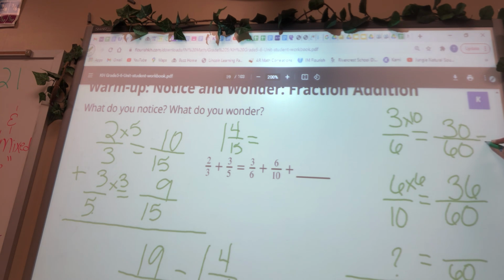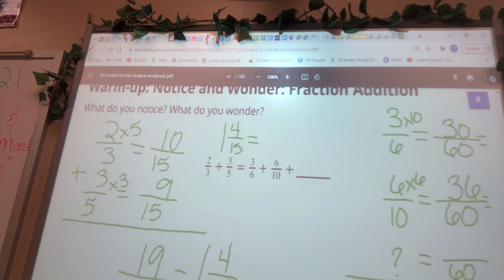Let's see if we can simplify this. Well, I do know one thing. This is divisible by 10. So 30, 115... Let's think about something for a minute. Is there a lower number I could have used here?